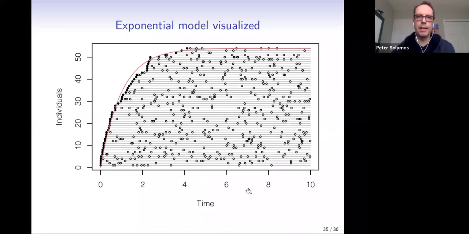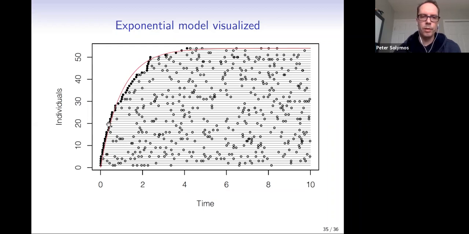So this is one of my last slides here. Over time, we start detecting individuals, and each line is an individual. We have 52 here, as I remember, and the first detection is marked with the filled dots. All the subsequent events for each individual, those are just the empty circles.